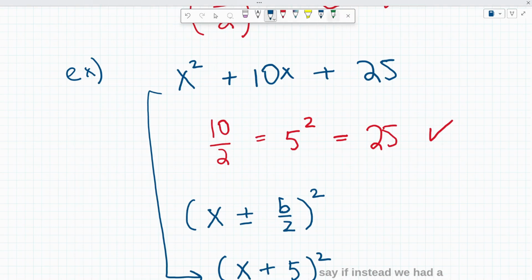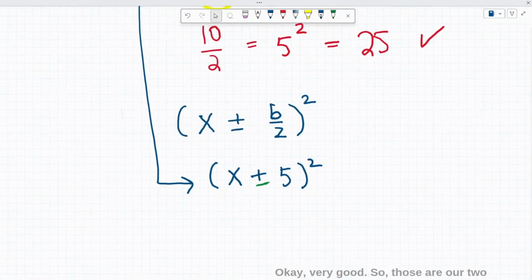Say instead we had a subtraction for our first term over here, then instead of (x plus 5) squared, we would have (x minus 5) squared. But just be aware that the final constant always has to be positive in order for it to be a perfect square trinomial. So again, the first term here can be plus or minus, but the second one has to be positive to be a perfect square trinomial.